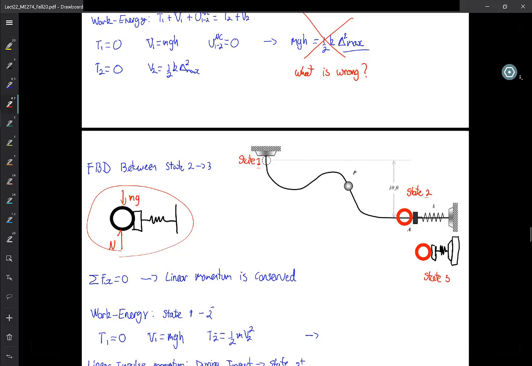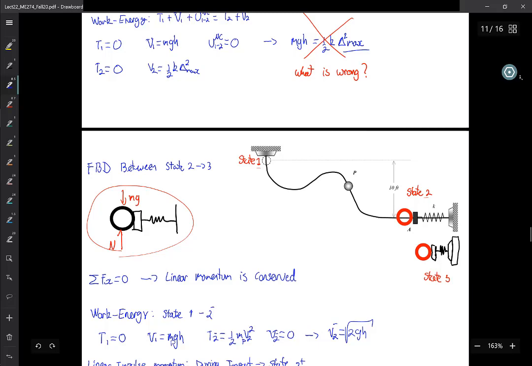Right before the collision, my particle has gained some kinetic energy, and the spring is still not compressed, so I have no potential energy in my system. So this is our happy state of affairs, in which we have a simple equation, and we get that the speed in state 2 is just this, right?